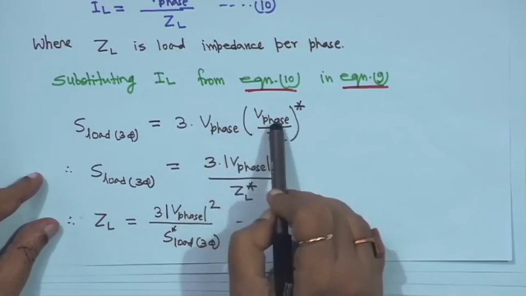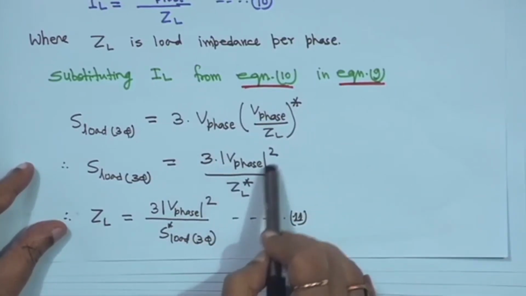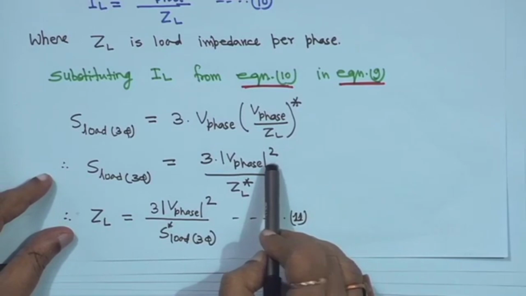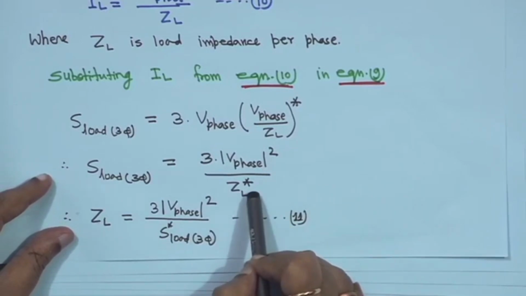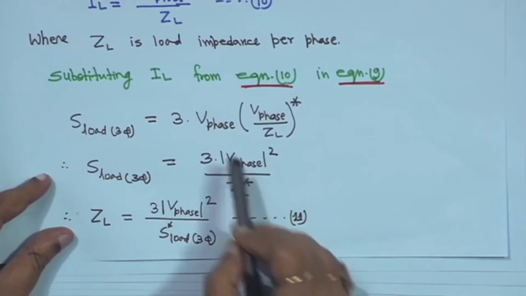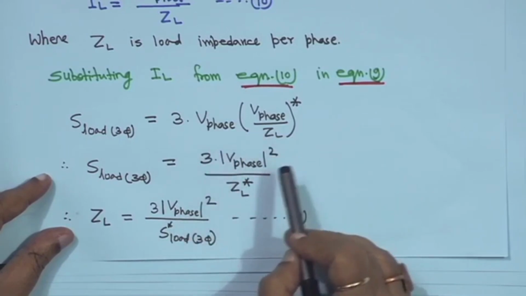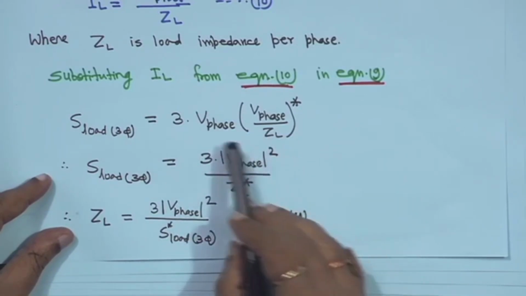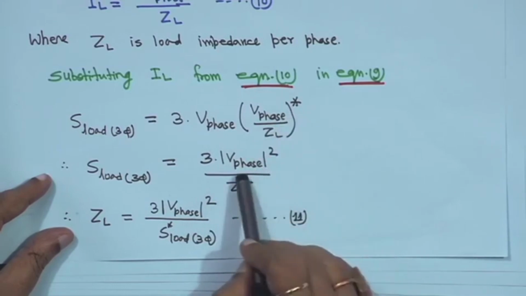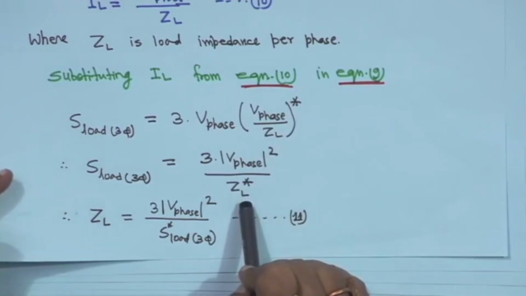So, V phase into V phase conjugate will be V phase magnitude square, divided by ZL conjugate. I hope you know this, V into V conjugate is V square.